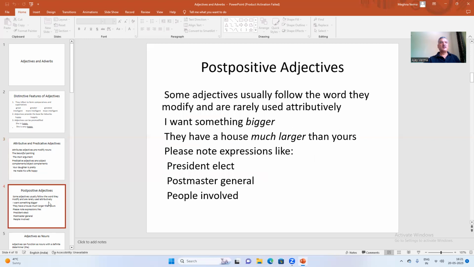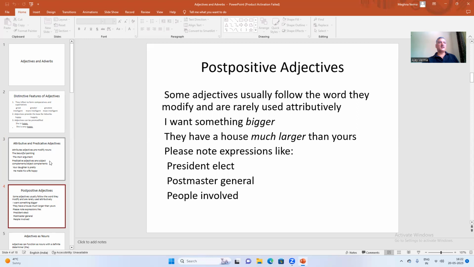The next category of adjectives is post-positive adjectives. These adjectives are different from predicative adjectives in the sense that they do not follow the verb.